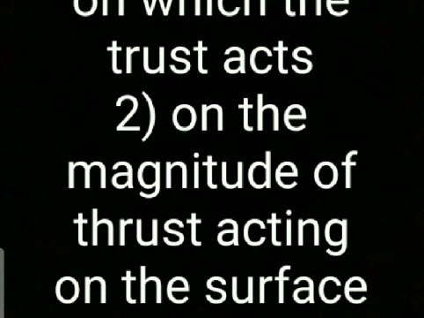Directly proportional means, when we consider a formula, we have the left hand side and the right hand side. If the left hand side increases, the right hand side also increases. In that case, we use the term directly proportional. If the left hand side increases and the right hand side decreases, that is just the opposite, then we say inversely proportional.